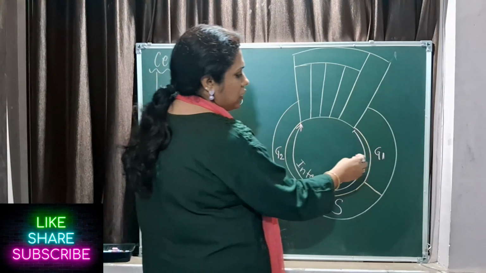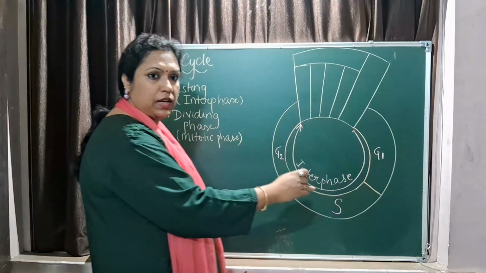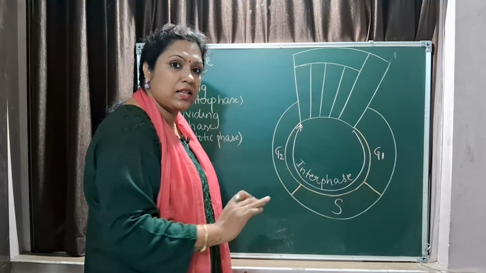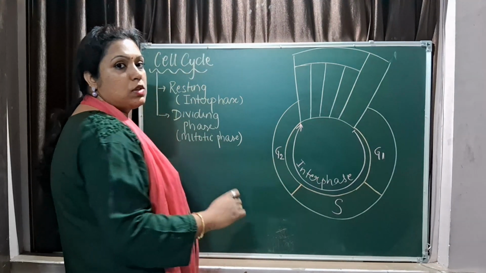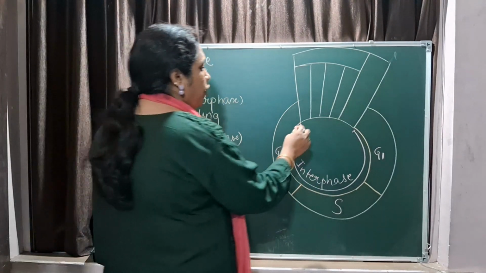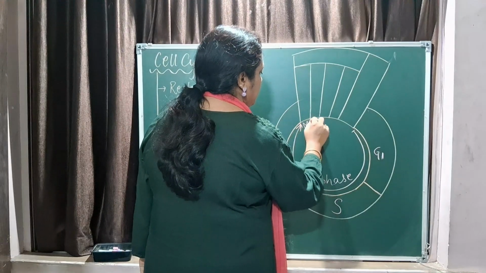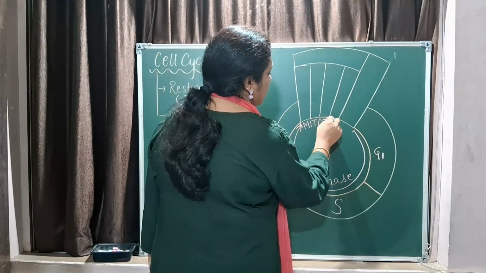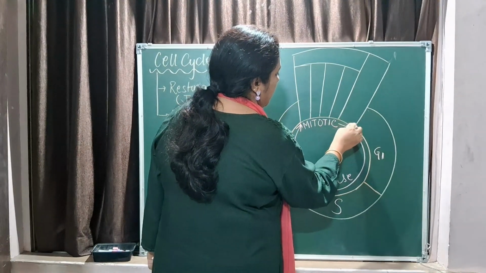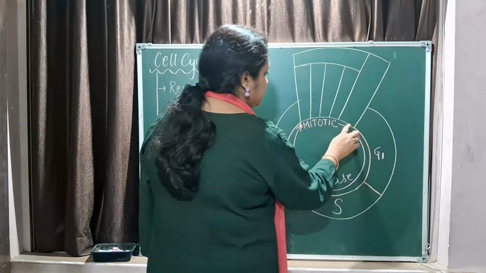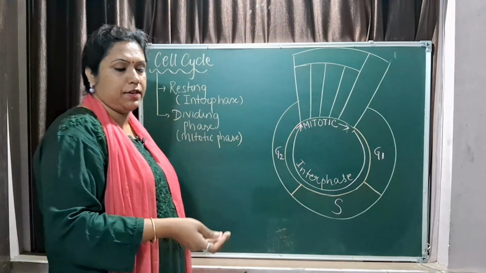What is G1? G1 is the first growth phase, S is the synthesis phase and G2 is the growth 2 phase, followed by this step, which is the mitotic phase. The mitotic phase is the dividing phase.